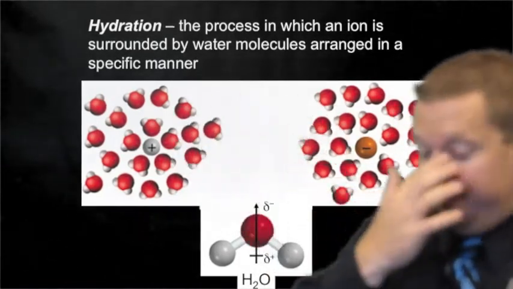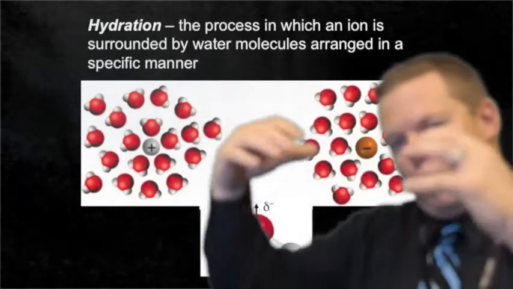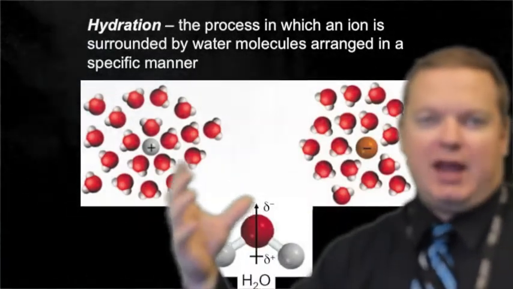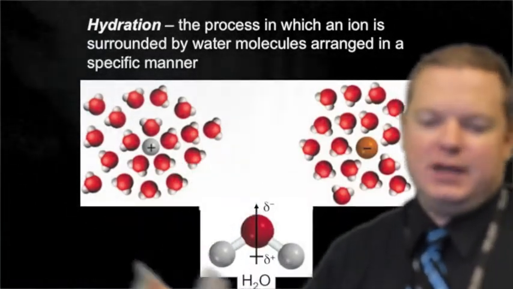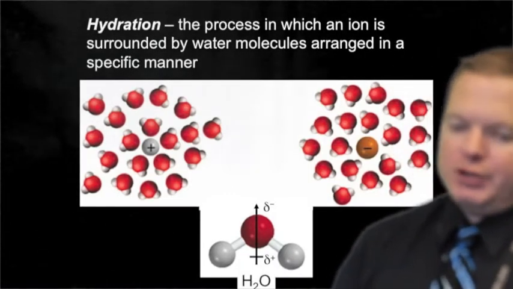You can see we have these positives or negatives surrounded by water molecules. The water will actually go in between those ions and pull them apart, allowing them to be stable charged species in the solution because they're interacting with the water. This process is called hydration.